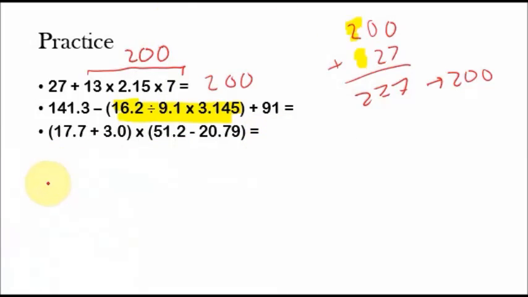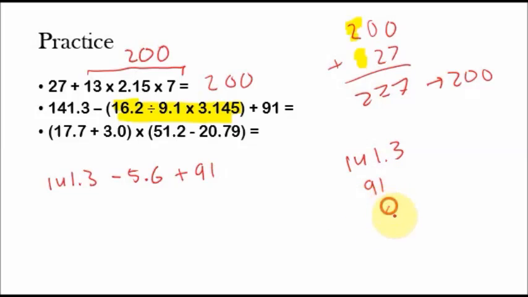So we're here: 141.3 minus 5.6 plus 91. Great. And then from here we have to account for significant digits again. So let's go ahead and do the addition way. So 141.3, 91, and then 5.6. So this is going to be kind of weird. Since you're subtracting, how are we going to do this without getting confused here?